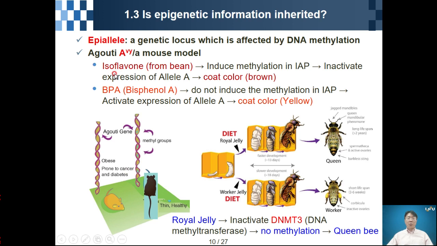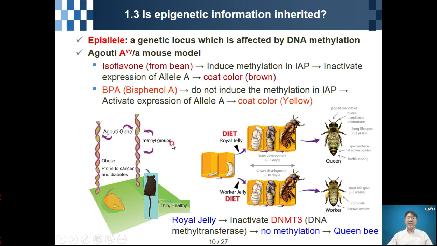For example, if we treat the same mice with isoflavone, which comes from beans, they extracted the isoflavone. When the isoflavone is given to mice, it can induce methylation in the IAP region.